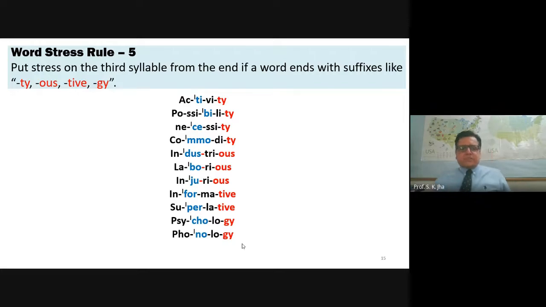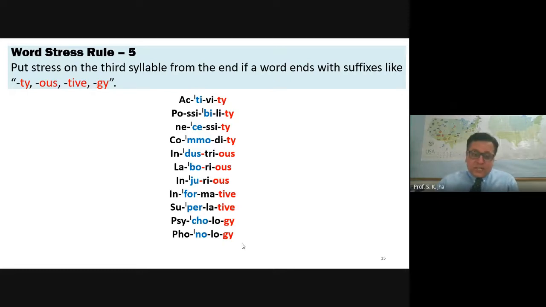So let us practice the remaining. Possibility, necessity, commodity, industrious, laborious, injurious, informative.